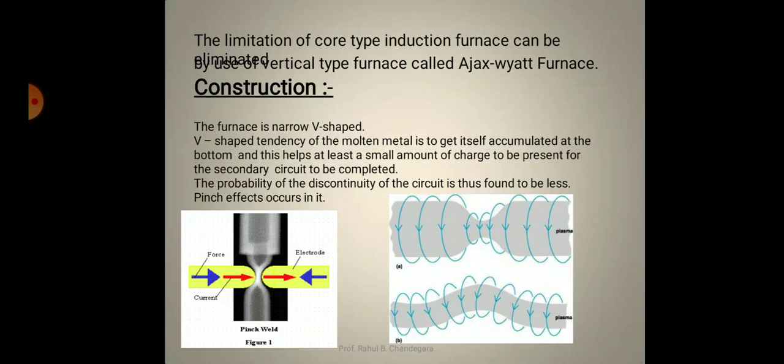Construction: the furnace is a narrow V shape. The tendency of the molten metal is to accumulate at the bottom, and this ensures at least a small amount of charge is present for the secondary circuit to be completed. The probability of discontinuity of the circuit is found to be less, and the pinch effect does not occur in it.